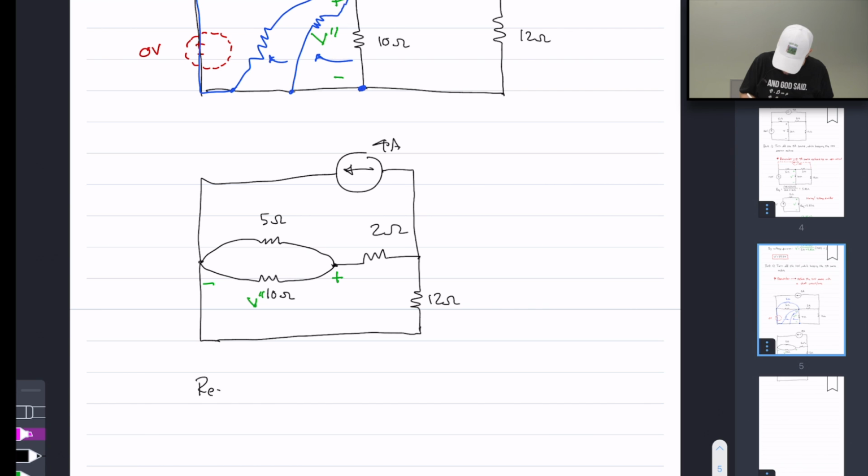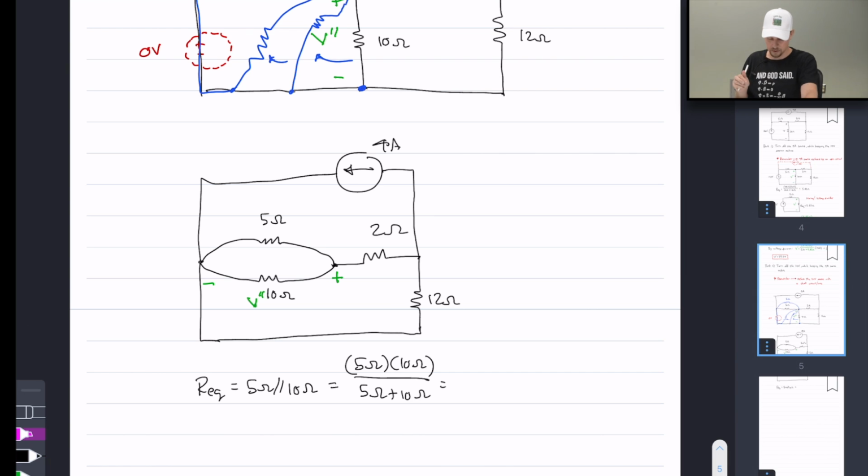So I'll define Req as the parallel sum of the 5 ohm and 10 ohm resistor. So this is 5 ohms times 10 ohms divided by 5 ohms plus 10 ohms. I have to use a calculator for that as well. So here, 5 times 10 divided by 15. This is 3.33 equivalent, and again, it's repeating.